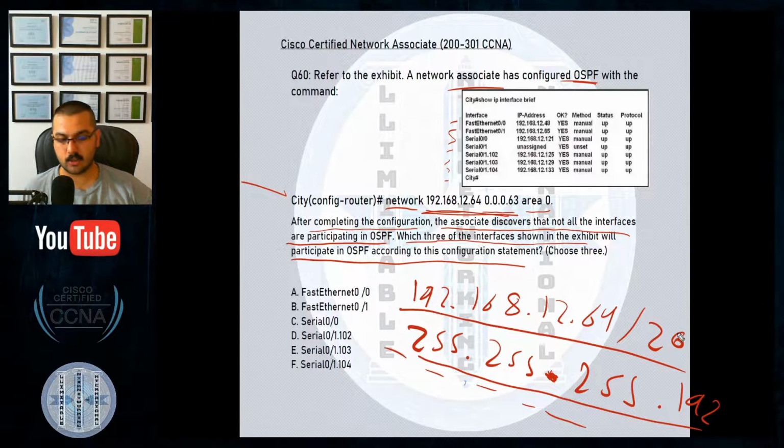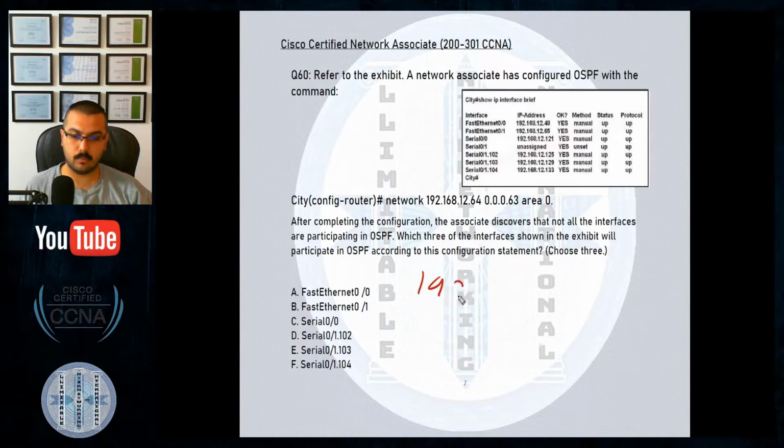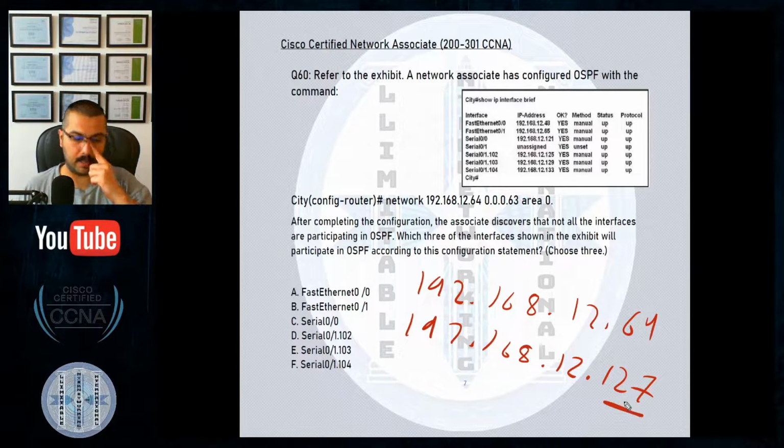Okay, slash 26 gives about 64 valid IP addresses. So this will start from 192.168.12.64 and it will end about 64 numbers after that, up to 127, an odd number representing the broadcast ID of this network. Whatever address of these is in between this range will definitely be advertised.